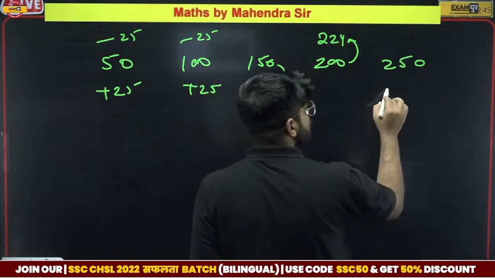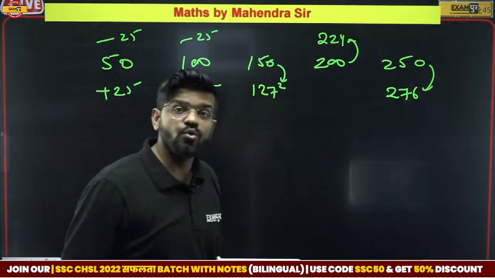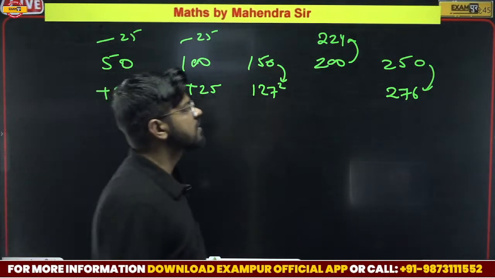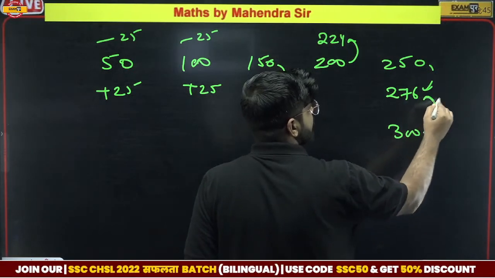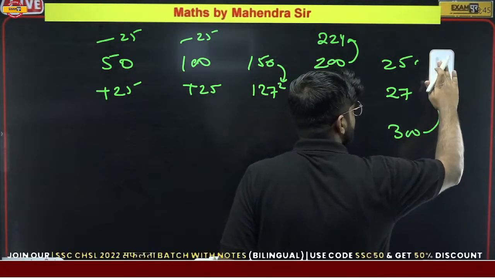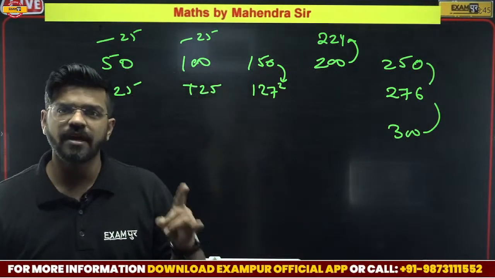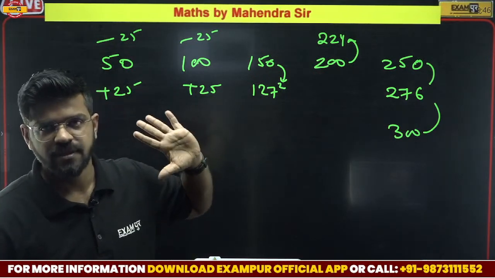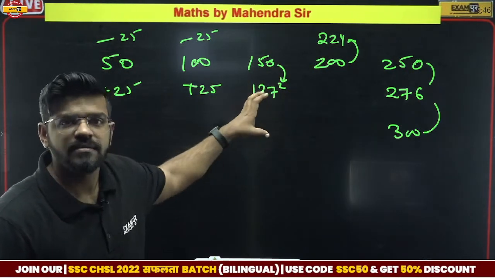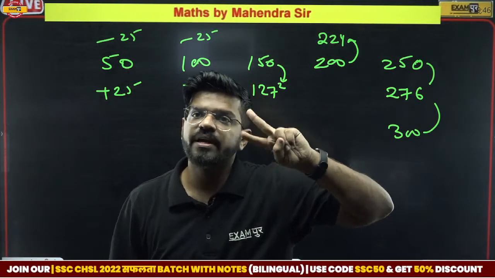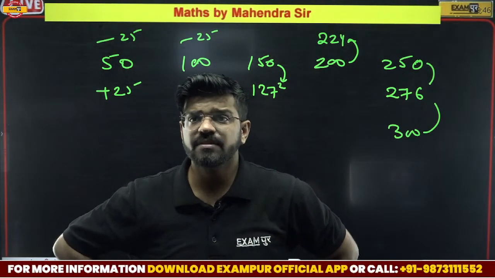If I have to calculate the square of 276, I have to see how much less than 300 it is, because it is near 300. Here we have a difference of 26, but we don't take 26, we take only 25 differences. The base value is just the gap of 25 numbers, 25 plus and 25 minus. Is it clear, everyone? Superb.